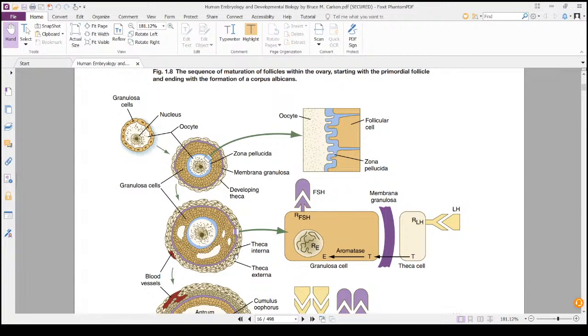So from the connective tissue, these thecal cells have been produced. These thecal cells are connective tissue. They develop after the follicle has become at least 2 to 3 cell layers thick.